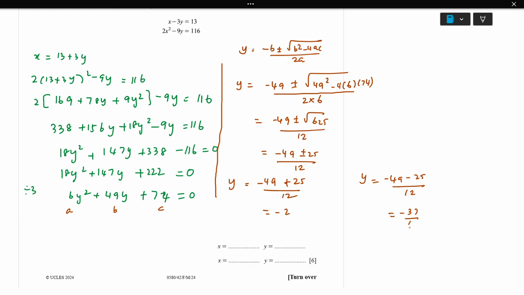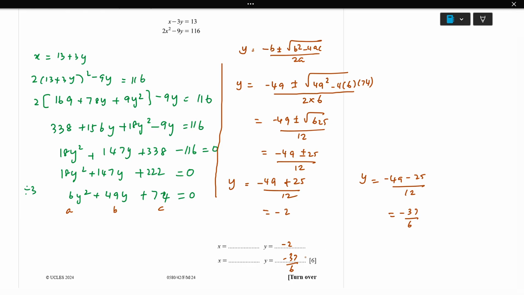So both ways we got it: the first is negative 2, the second is minus 37 over 6. 37 over 6 we can give as a mixed fraction also. So this is also fine. Otherwise we'll give the answer as a mixed fraction. Okay, fine.